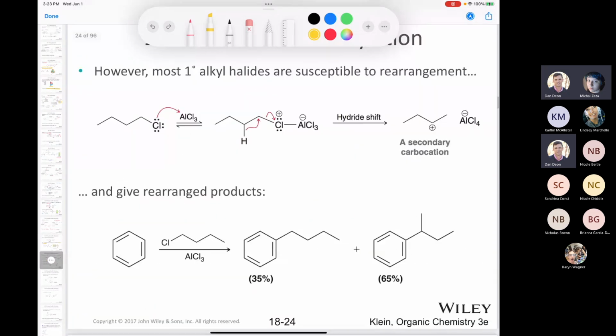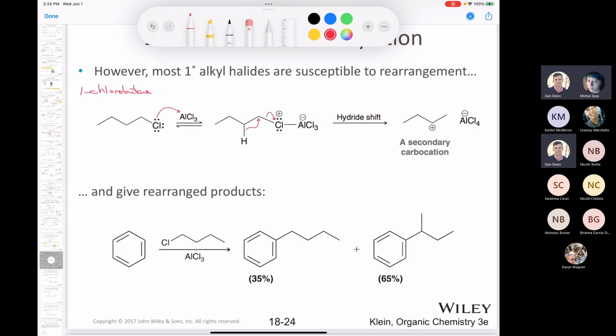However, what if you had a longer chain, right? What if you had 1-chlorobutane, as is shown here? So this is 1-chlorobutane. Well, in that case, could you make a primary carbocation?